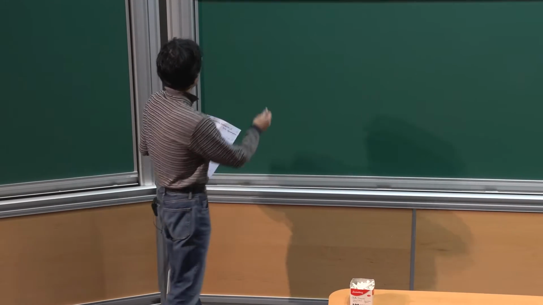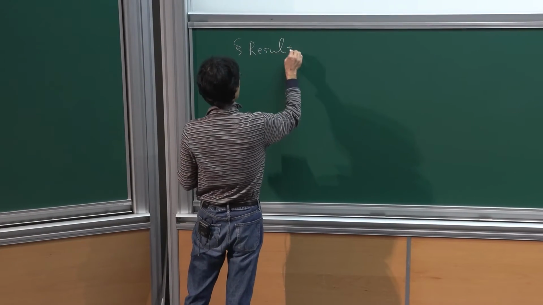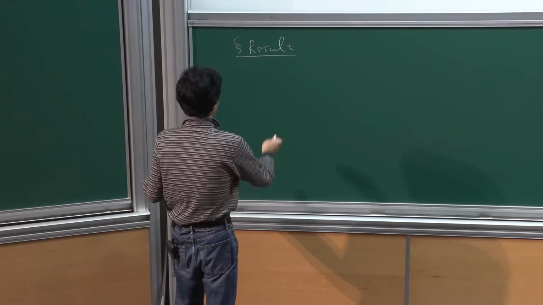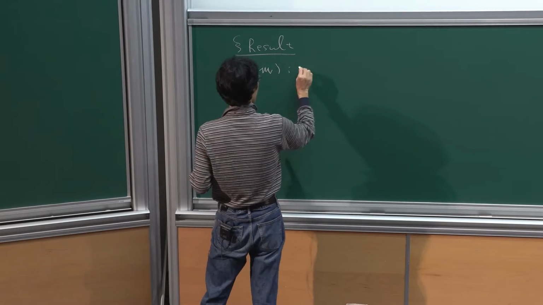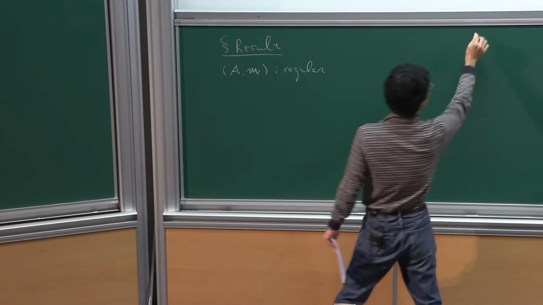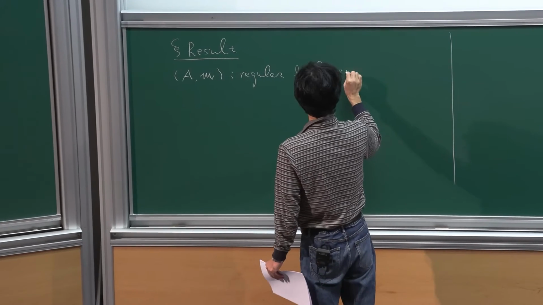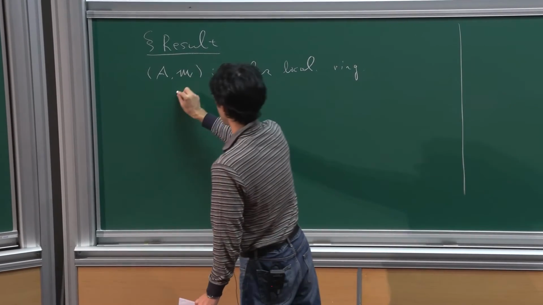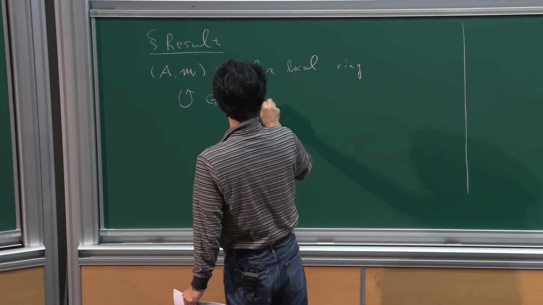So let me start from my result. As a setting, let A, m be a regular local ring on which a group G acts. This is assumed to be finite.